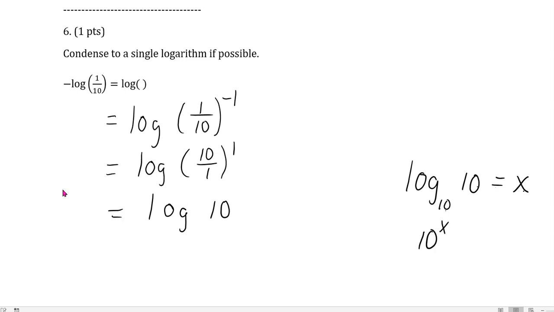Well, what power would you raise 10 to get 10? You've got it. It's going to be x equal 1. In other words, this could have been reduced to the simple number 1 and not a logarithm at all. But again, our directions say to condense to a single logarithm, so we leave it in this form, though it is equivalent to the number 1.